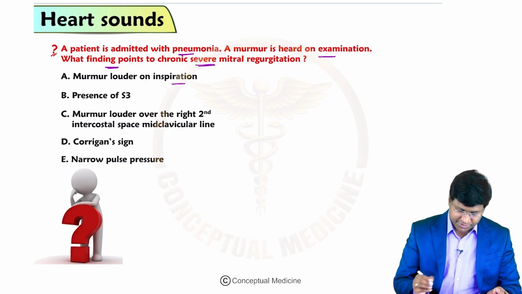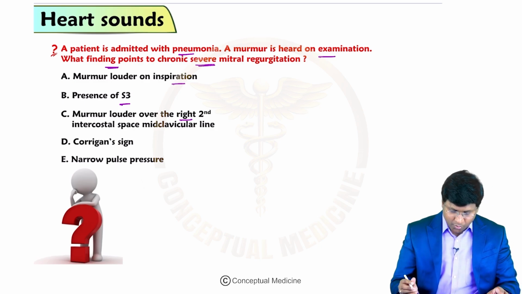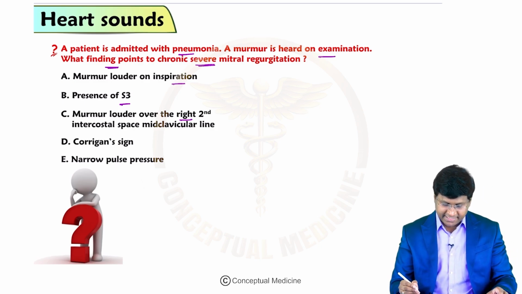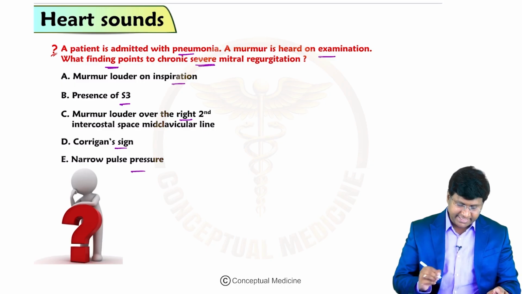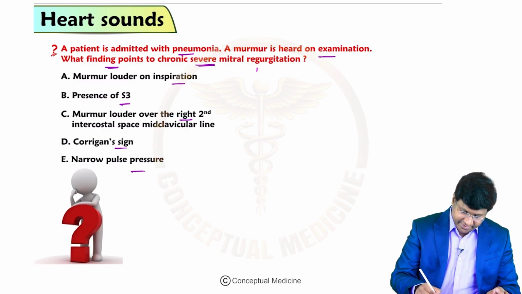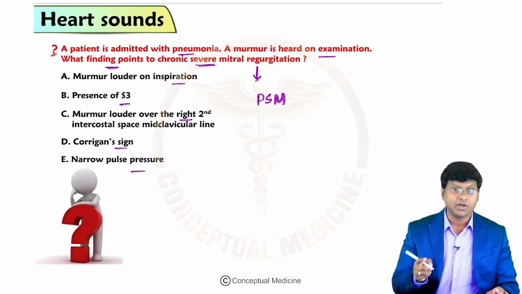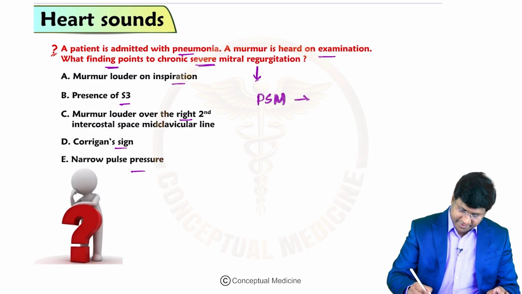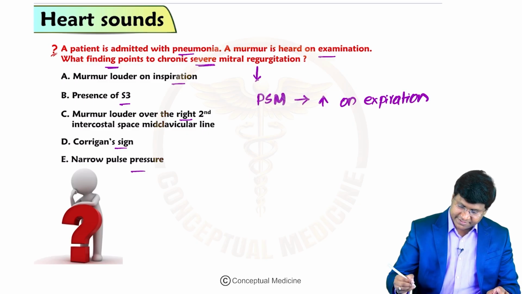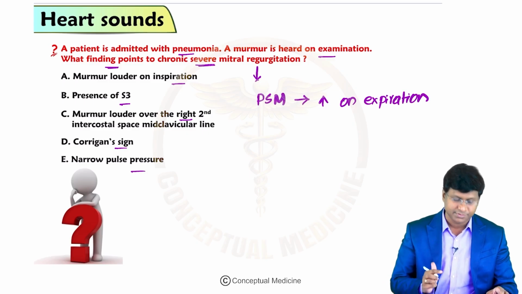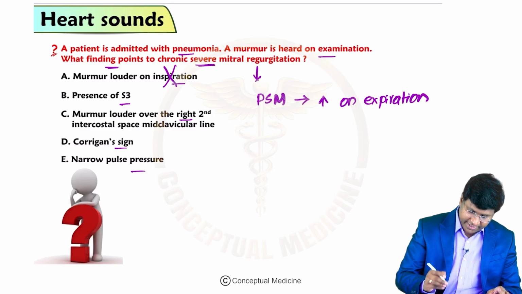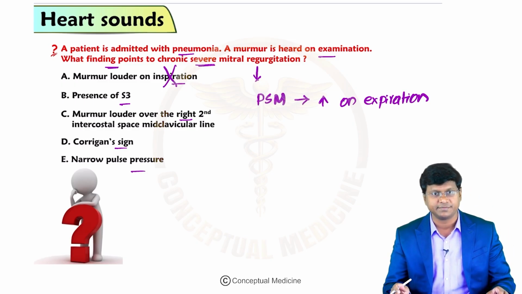Murmur louder on inspiration, presence of S3, murmur louder over the right second intercostal space midclavicular line, Corrigan sign, narrow pulse pressure. In severe mitral regurgitation, you have the presence of the pansystolic murmur, and all your left sided murmurs, let me tell you, increase on expiration. So murmur louder on inspiration is a wrong statement.